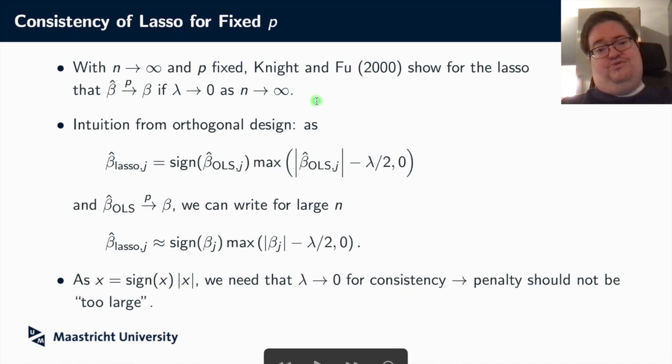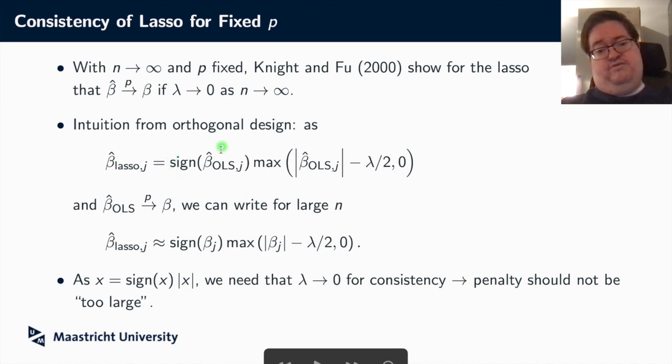We're not going to go through their arguments, but we can look at some intuition from taking an orthogonal design. Remember, orthogonal design gives us an explicit expression for the lasso estimator of the jth element, the soft thresholding estimator.